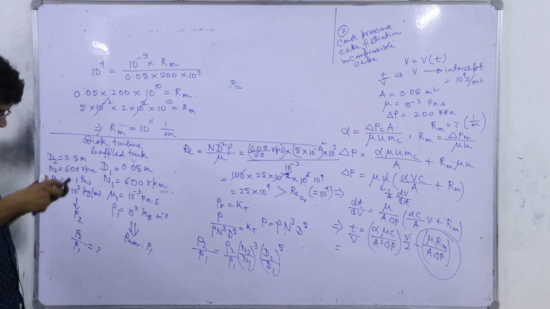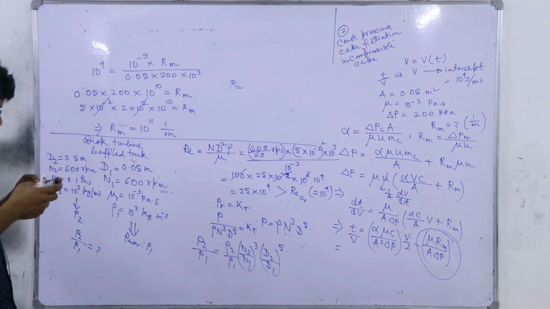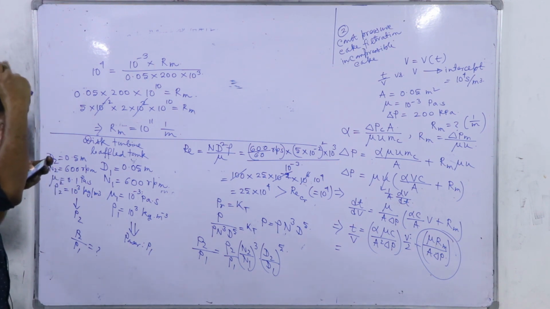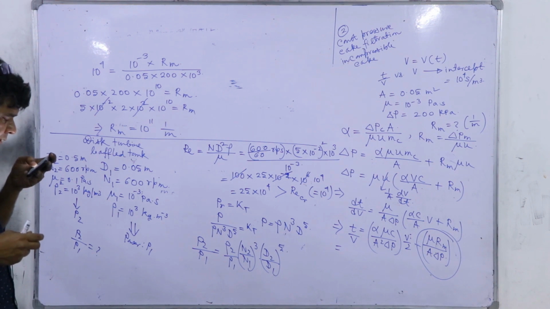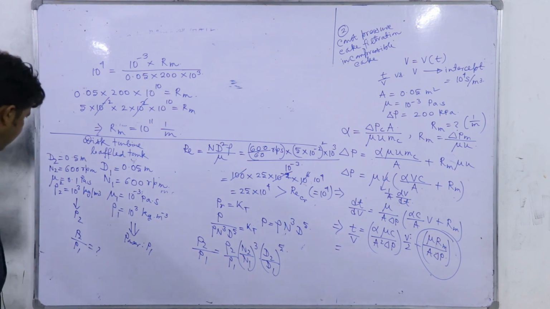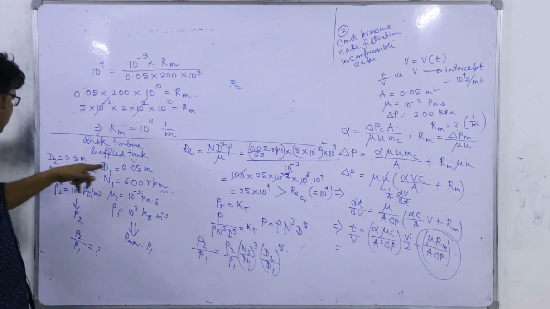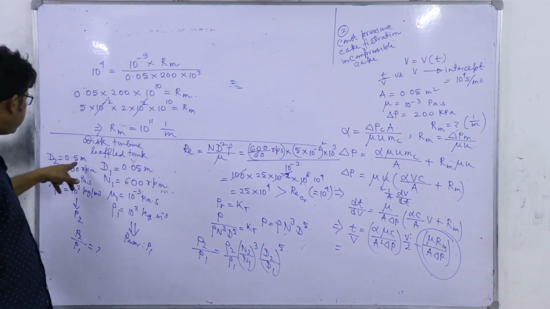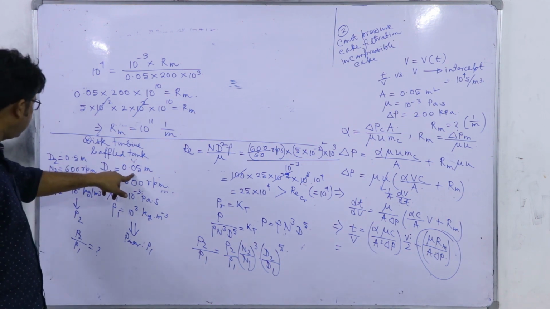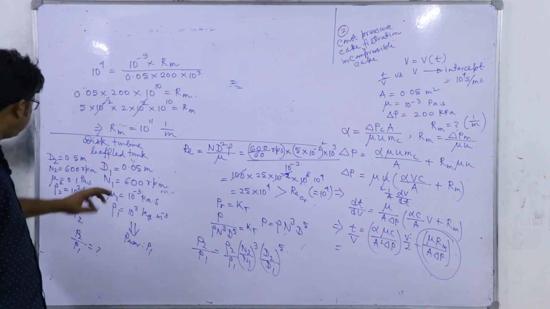Let me check what are the options given. 10 to the power 3, 10 to the power 4, 10 to the power 5 and 10 to the power 6. So, sorry, it is 100 times, right? Not 10 times, no, 10 times.